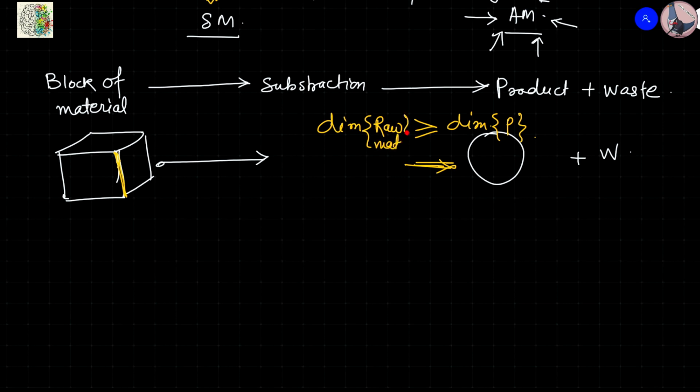Suppose this dimension is A, so the maximum dimension you can get will be A. Like if you carve out a sphere from this cuboid, then the diameter has to be smaller than or at max equal to this. So that is one limitation.